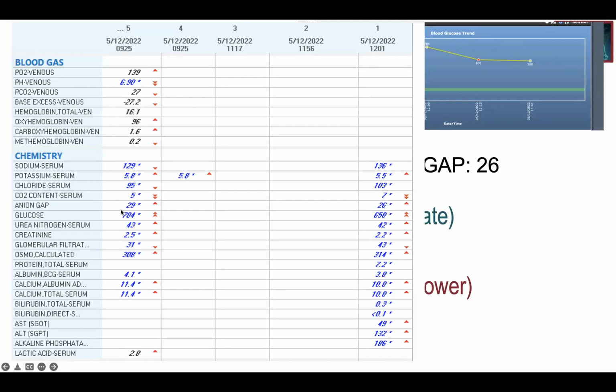And then I'm going to go down to his chemistry. Well, his potassium is almost 6. So I want to remind myself that in the presence of acidosis, not just ketoacidosis, metabolic acidosis, hydrogen ion moves into the cell, protecting you from acidosis, and the cell is releasing potassium. So I've got a high serum potassium.